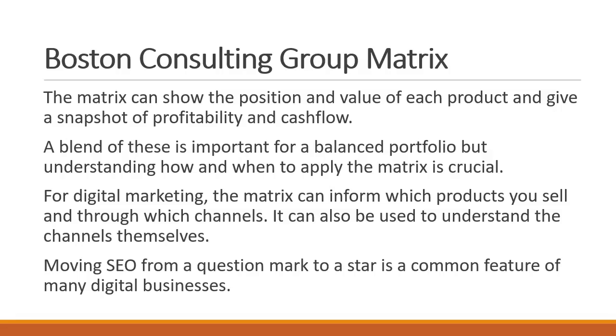So this matrix can help show the position and value of our products and can inform us what products we sell and through which channels. So that can help us understand the channels ourselves. So we might have a product that sells miserably in a physical store, but it sells high online.